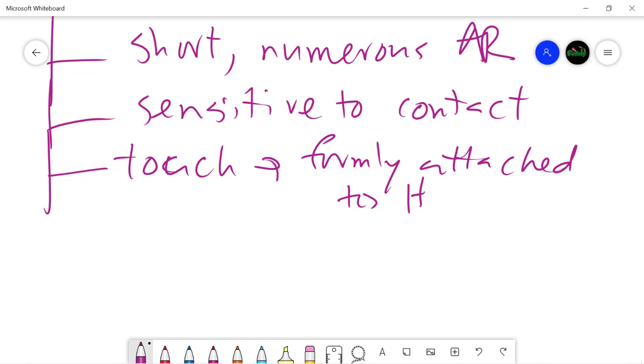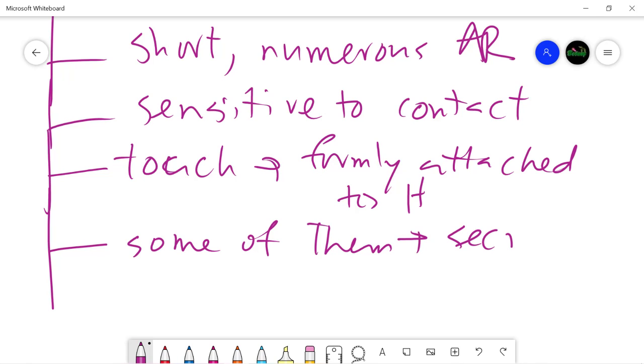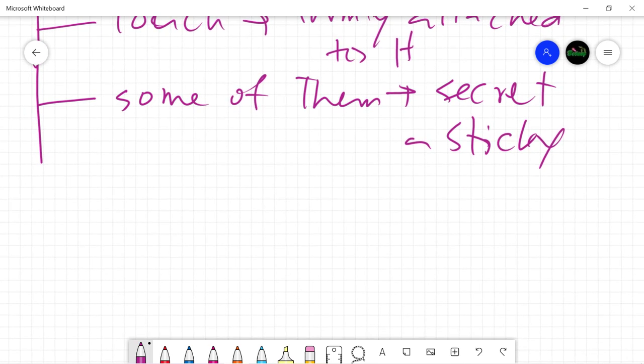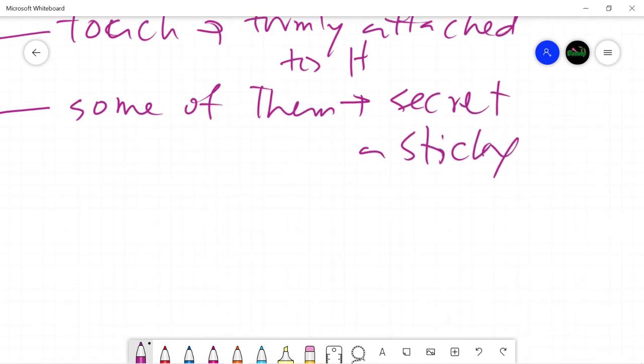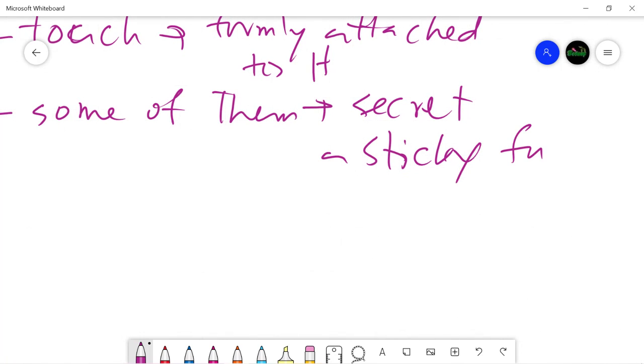Now there are certain variations in these roots. Some of them secrete a sticky fluid just like gum. This sticky fluid further helps them fasten the plant to any support.